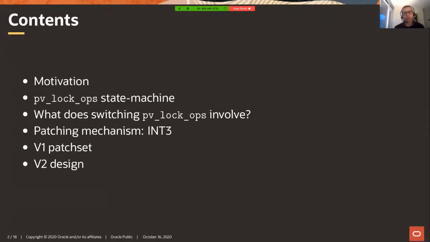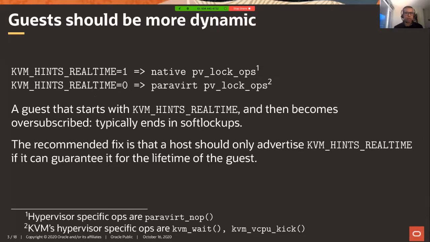So this whole thing started with wanting guests to be more dynamic, specifically in the sense that a KVM host advertises to guests a feature: whether the vCPUs for the guest are oversubscribed or not.